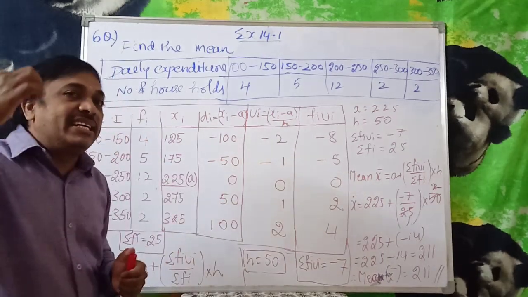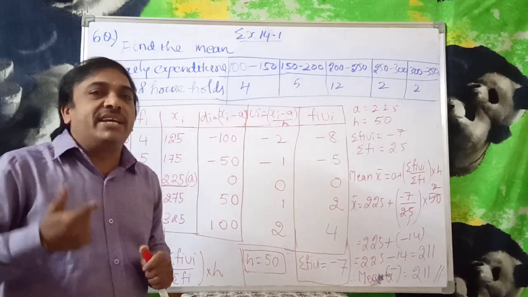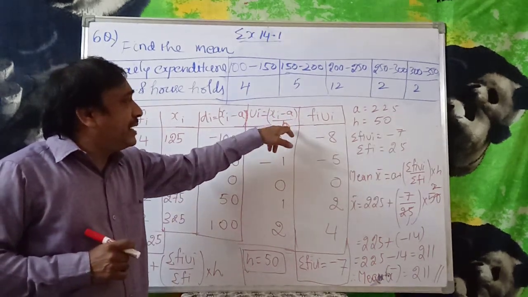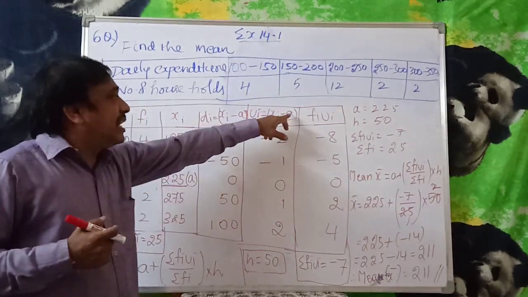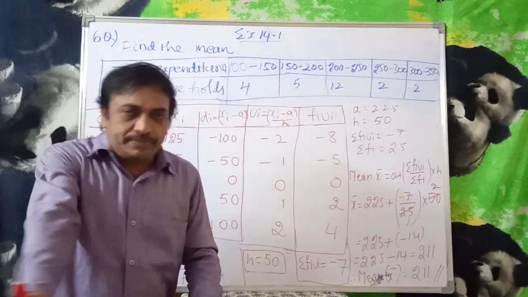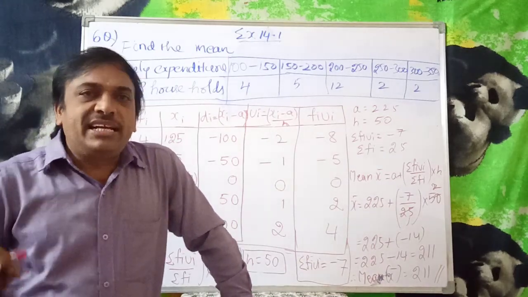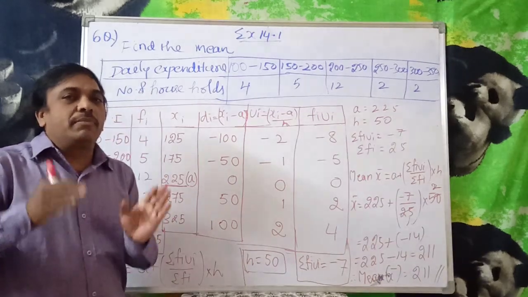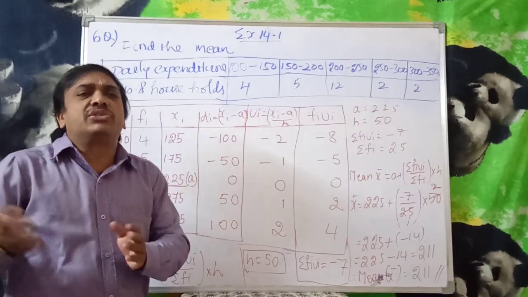See, the formulas and the terms you must remember and recollect every time. In these formulas, Ui is equal to Xi minus A by H. In another way, I told you Xi minus A is nothing but Di, so you can write Di by H. In the recent March 2020 batch examination they asked the question: what is the formula, Ui is equal to dash?